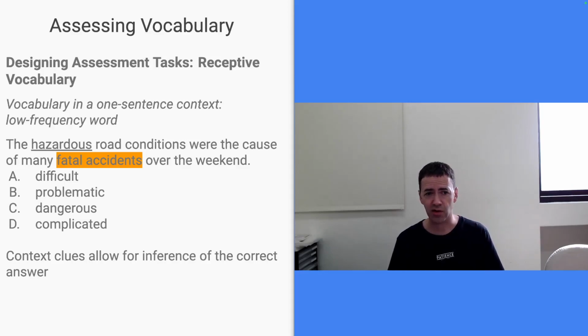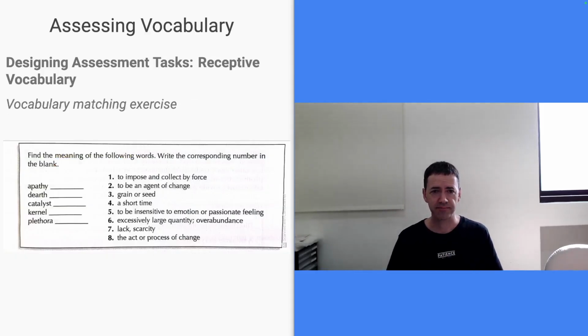Or did I test their ability to use their strategies of guessing in context? And it really depends what it is that you want to do for your test. Just be careful. If you're adding context, then you should know that they will be able to guess based on the context. And if that's the strategy you want to assess, then it's okay. If you really want to test them on what hazardous means, then don't add that extra context.